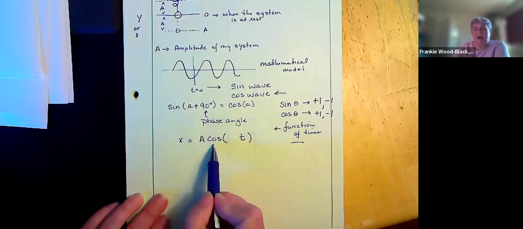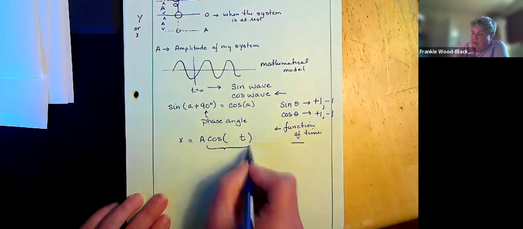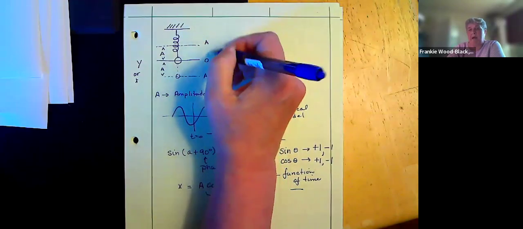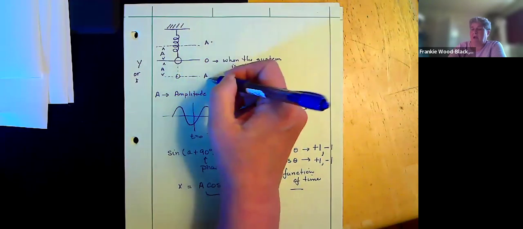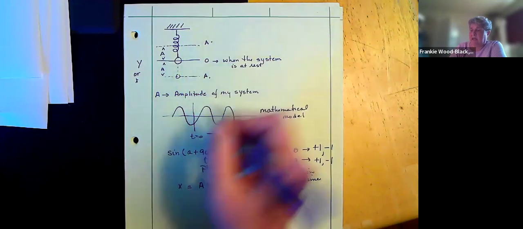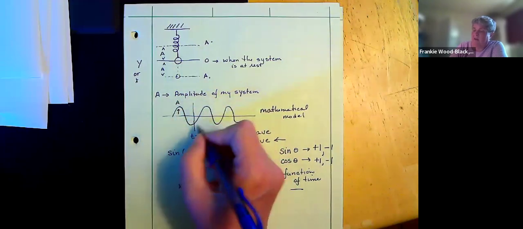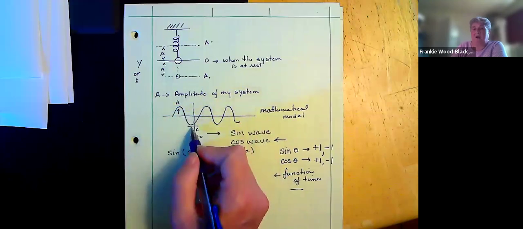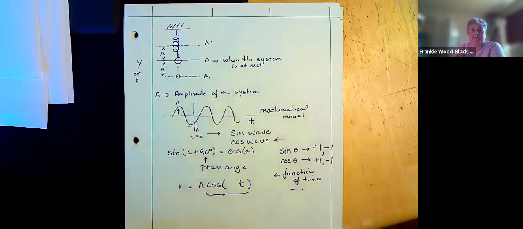So as I'm going around with this cosine here, the maximum value that cosine can have is 1, and the minimum value it can have is -1. Well, that's going to describe my motion here. The maximum value is going to be A, my minimum value is going to be -A. If I do it on this kind of a document, my maximum value is here, my minimum value is here. My wave peak is up here, my trough is down there. And we're following this in terms of time.